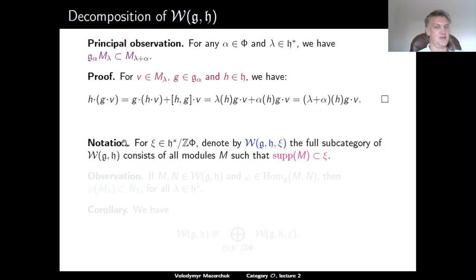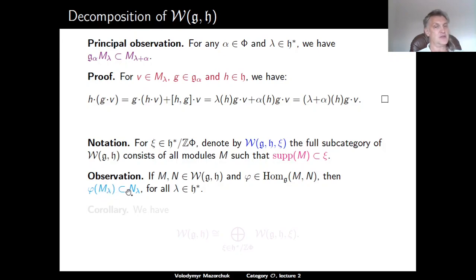So this is the justification for this notation. So if we take into account that if we have two modules M and N, and any homomorphism from M to N, then the homomorphism commutes with the action of the Cartan subalgebra and hence sends each weight space M_lambda to the corresponding weight space N_lambda.